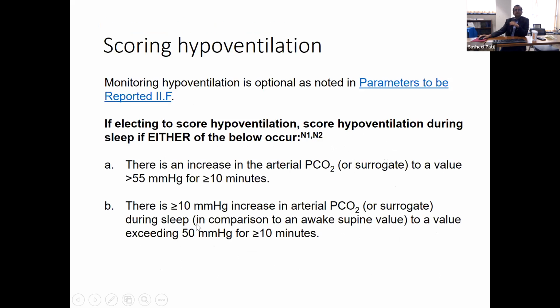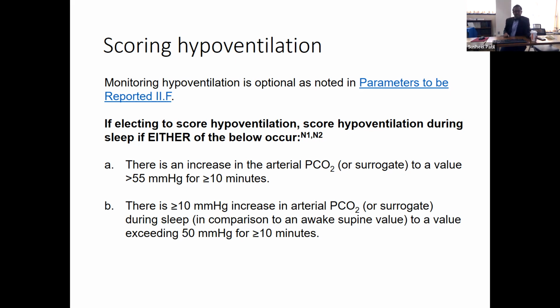Scoring hypoventilation. Monitoring for hypoventilation is quote unquote optional, but we do it in patients we're concerned about. To score hypoventilation, it would have to fall under either one of these two rules. The first is that there is an increase in arterial CO2 to a value greater than 55 millimeters of mercury for greater than 10 minutes.